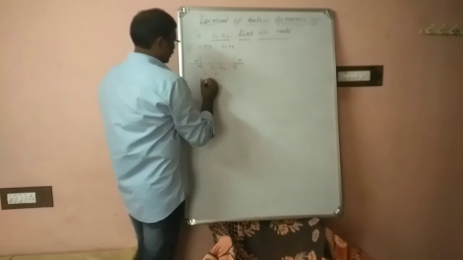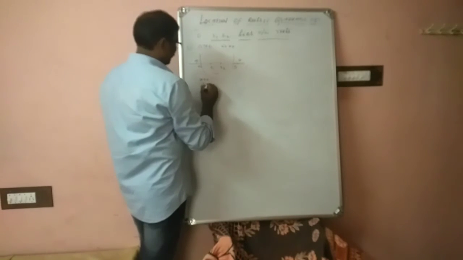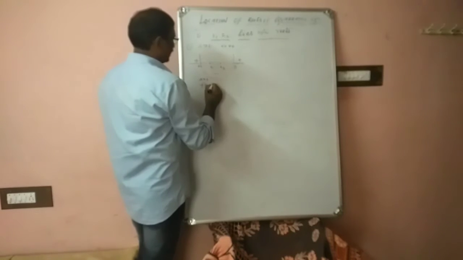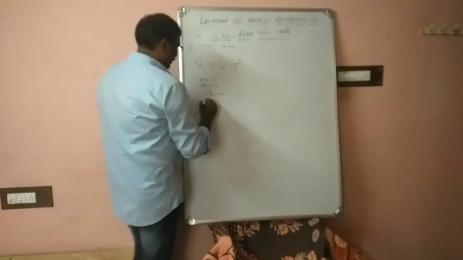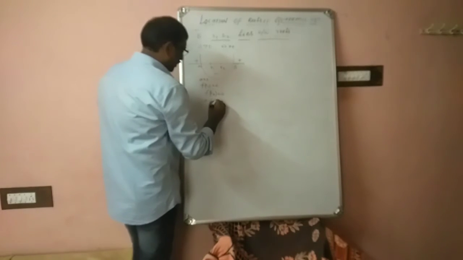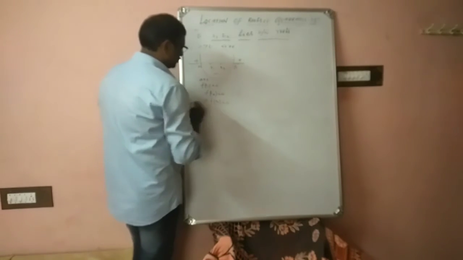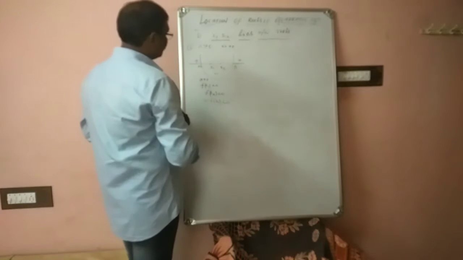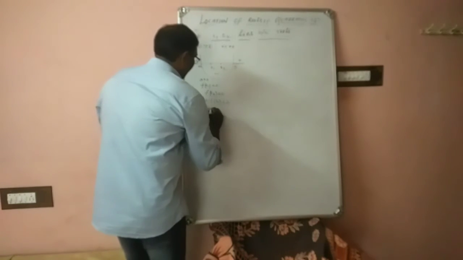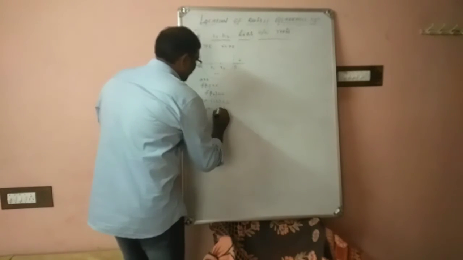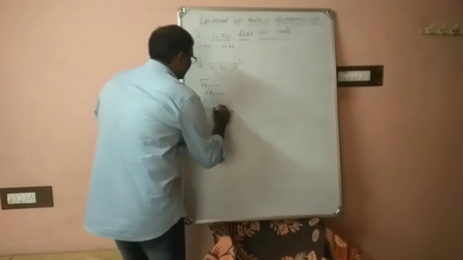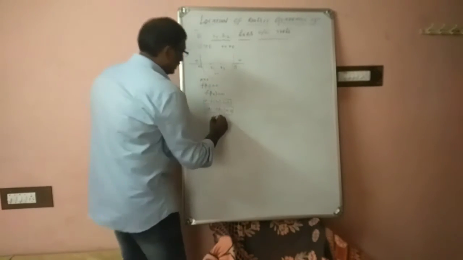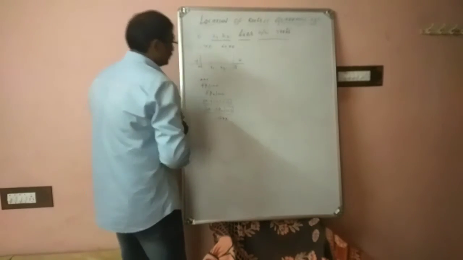So A is positive, then f of k1 is, sorry, f of k1 is negative and f of k2 is negative. So by multiplication, A into f of k1 is negative and A into f of k2 is negative. So both are negative here, in the case of delta greater than 0.